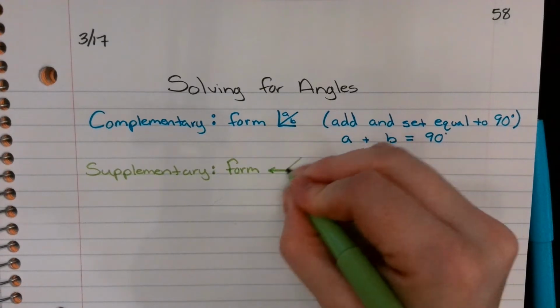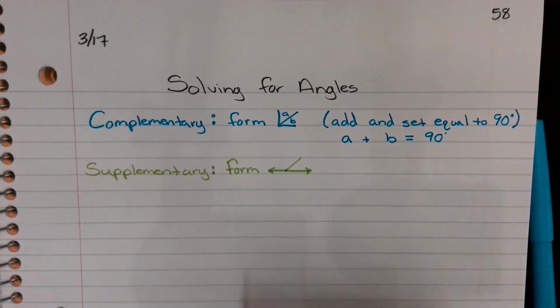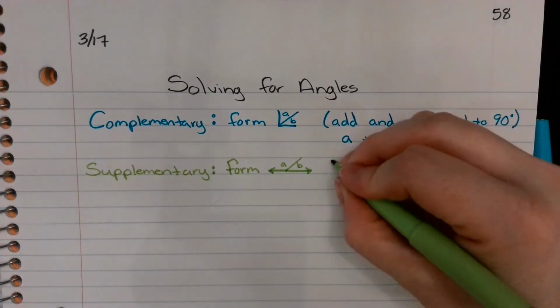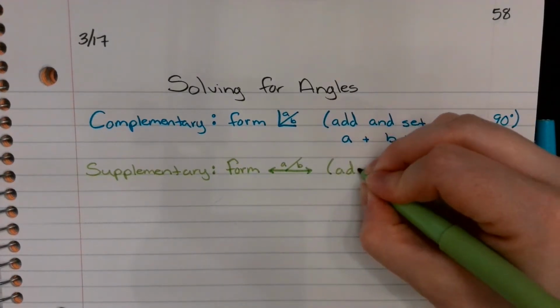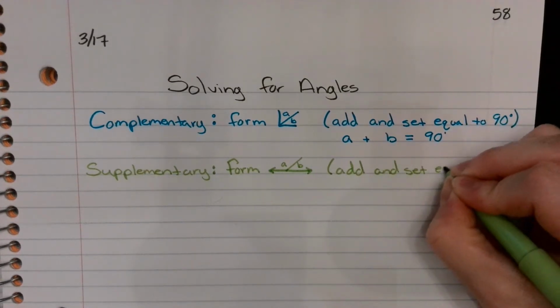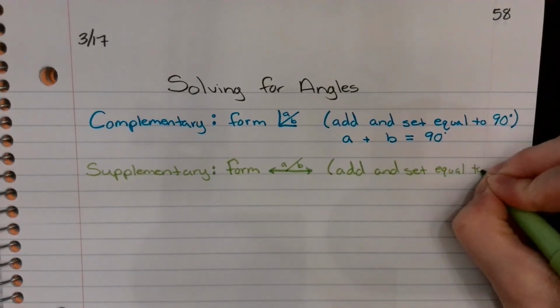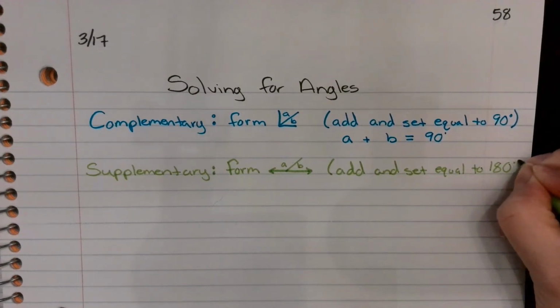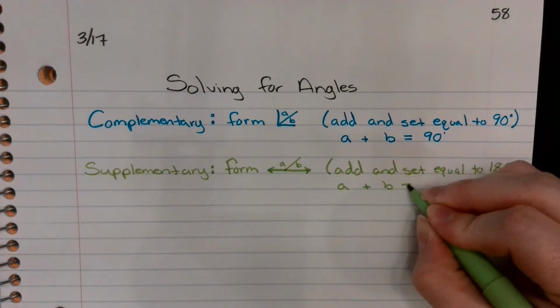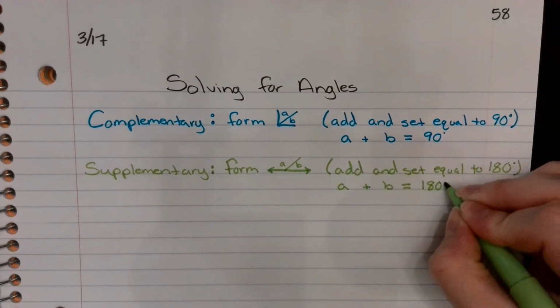You might have an angle that looks somewhat like this. This might be A and this might be B. But again, you're going to add, and this time you're going to set it equal to 180 degrees. So that means you would be taking A plus B, and it would equal 180.